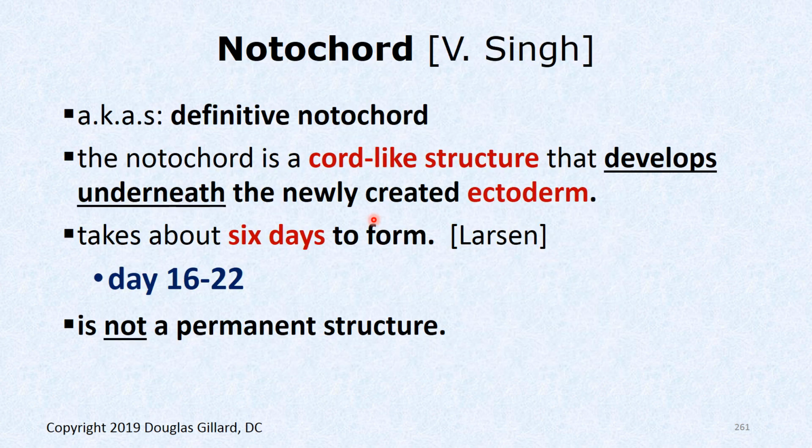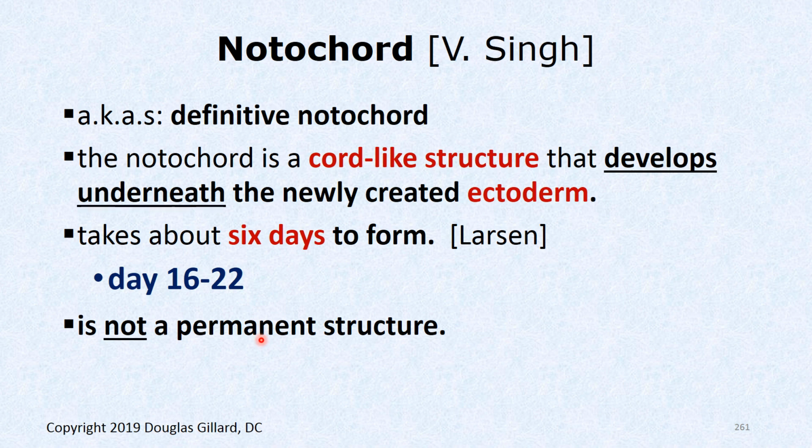Let's see how that is done. The final product is often called the definitive notochord, or the final notochord, or just the notochord. But it has a precursor phase called the notochordal process, which we have to develop first. It develops slowly from newly created cells that migrate, as we'll see. It takes about 6 days to form, and it's not a permanent structure.